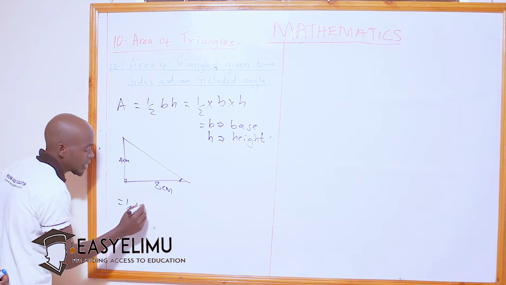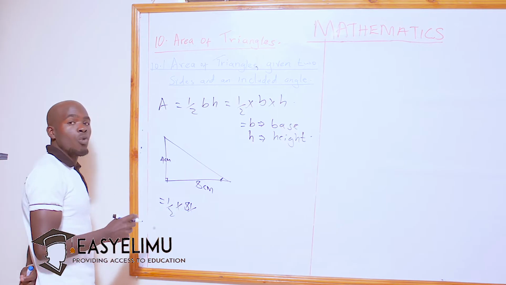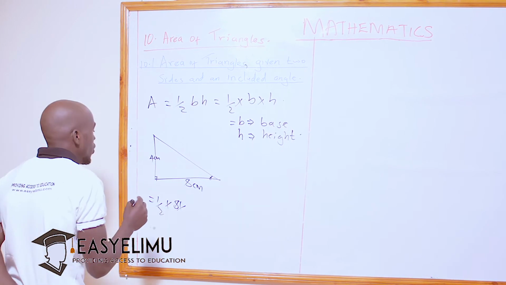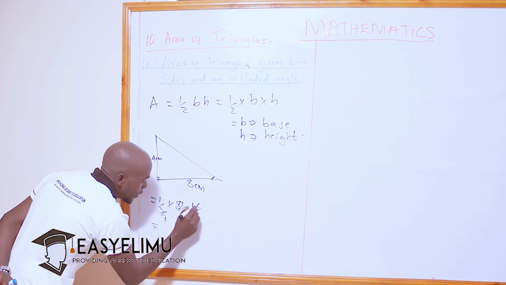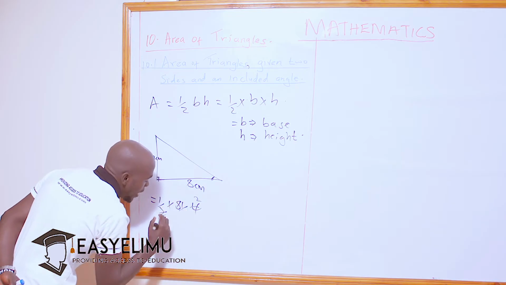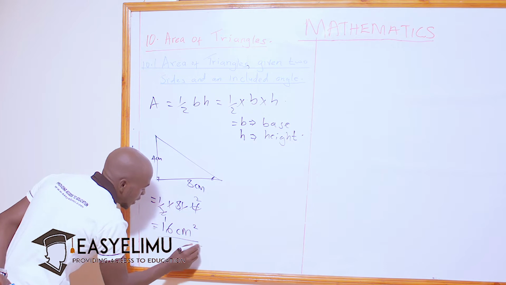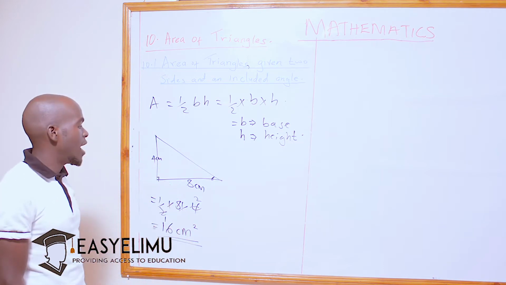So that is 8, and the height is the line which is away from the horizontal one, so it will be 4. A half of 4 is 2, multiplied by 8, you will get 16 square centimeters. So that is what we shall have as the area of that triangle.